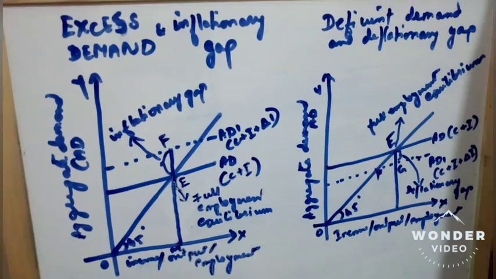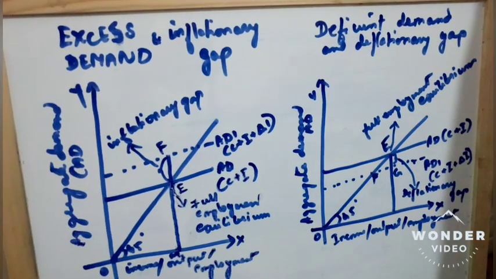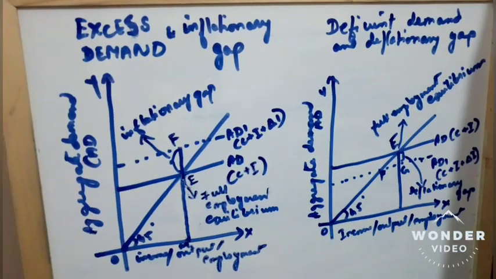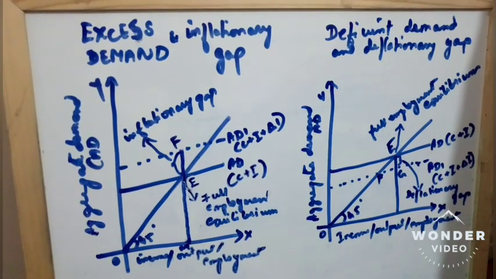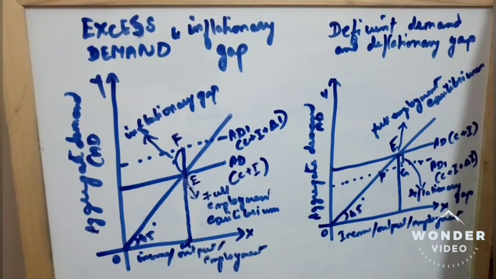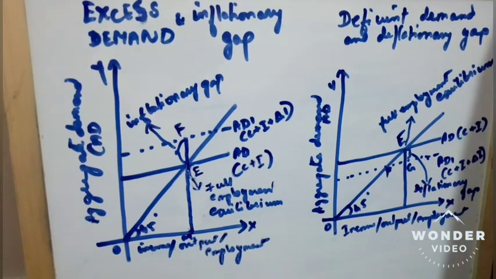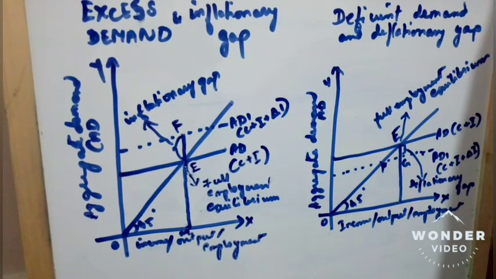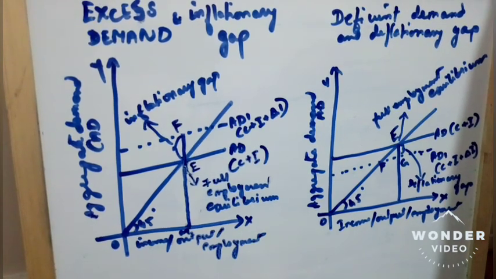Next, to control the situation and bring it to the full employment equilibrium, the government takes those measures. Now this new aggregate demand curve lies above the AD. When it lies above AD, you find an inflationary gap, and it is excess demand.